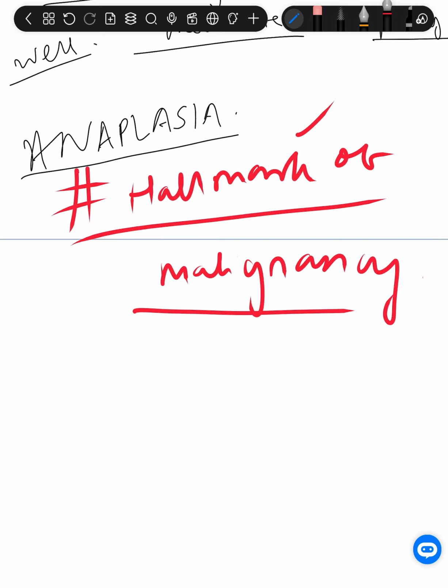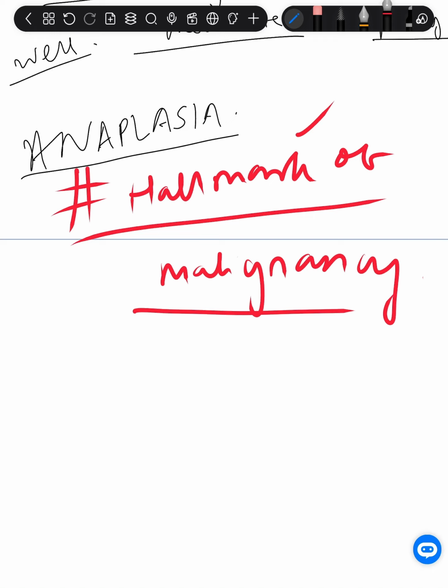They might not be malignant at this moment, but they will 110% turn malignant. This is what is known by hallmark of malignancy. Hallmark means like a milestone, a stoppage that has come, and from there malignancy is only starting. So this is what is meant by hallmark of malignancy, which is anaplasia.